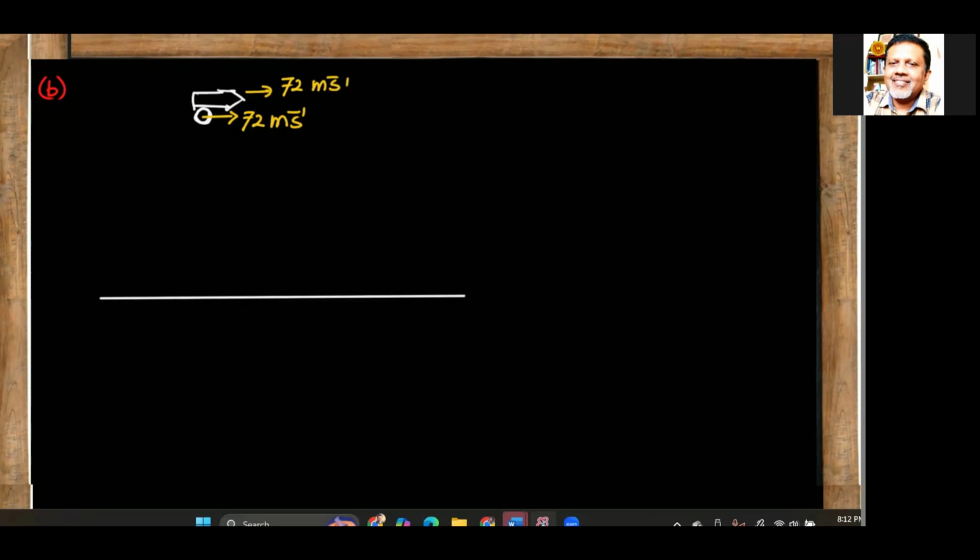Right. Now, again, at the time of release, another truck is moving with the velocity of 45 meter per second. It is given, right? This is moving with 45 meter per second, the same type of truck.